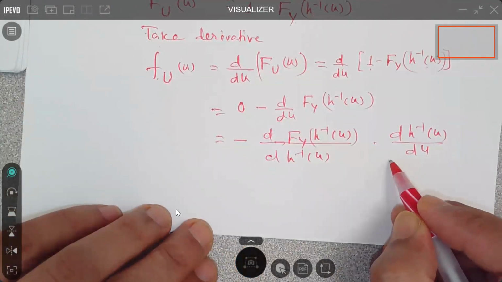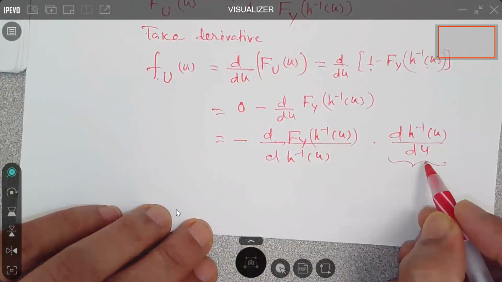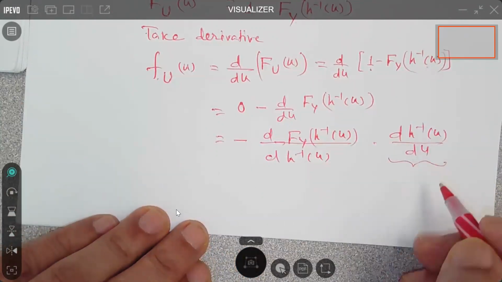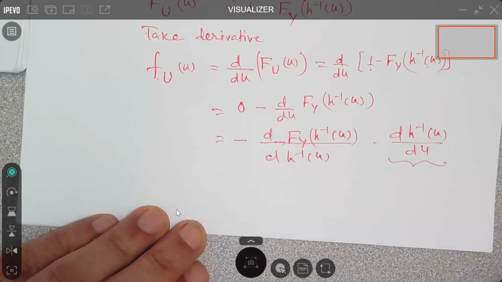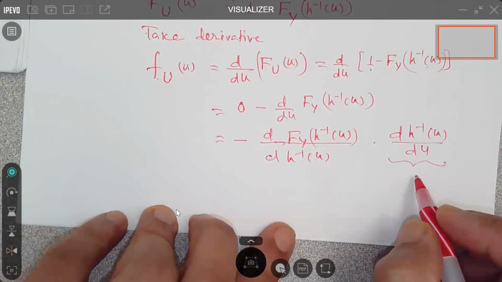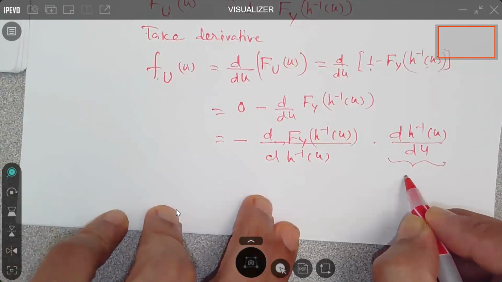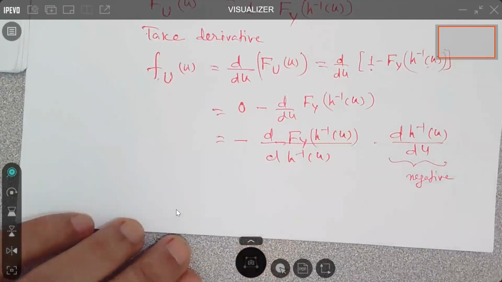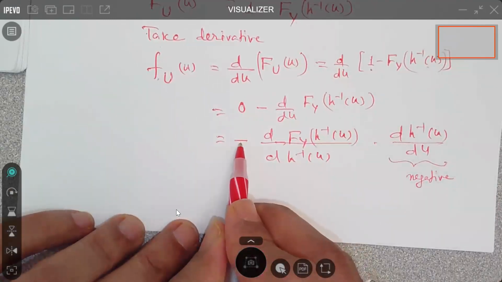So what is the sign for this one here, F inverse U by du? This is a decreasing function, right? So it has a negative sign. Now it has a negative here, so negative will be positive here, right?